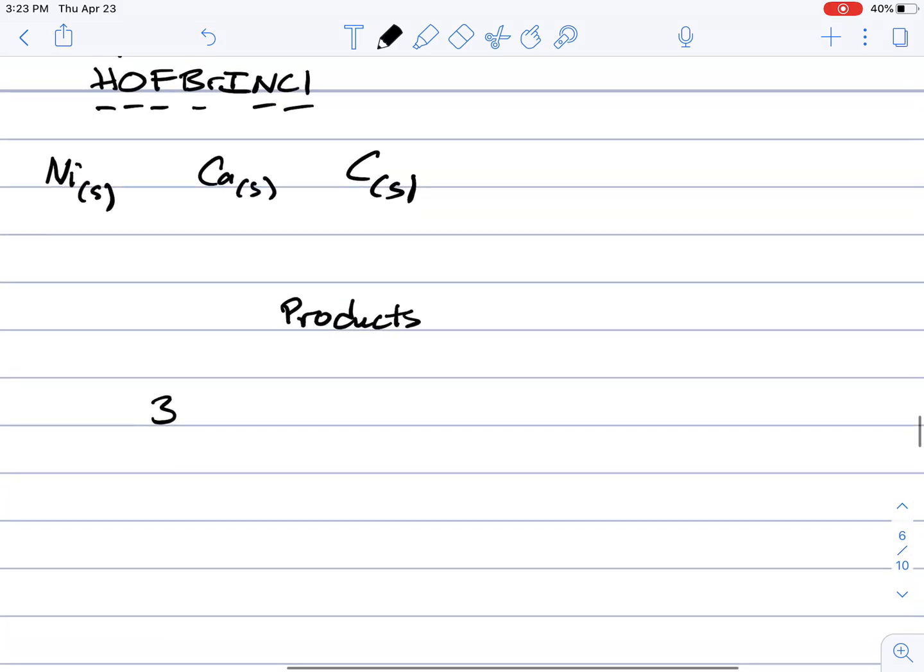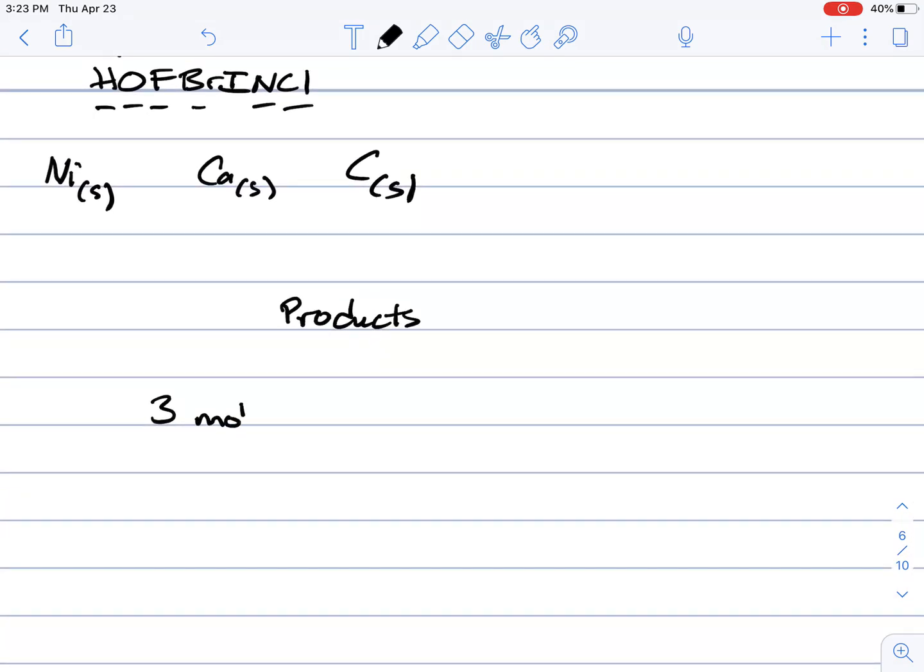It's moles. So if we have 3 moles of nitrogen gas, representing N2, and I multiply that by 0 kilojoules per mole, notice that the unit mole cancels.